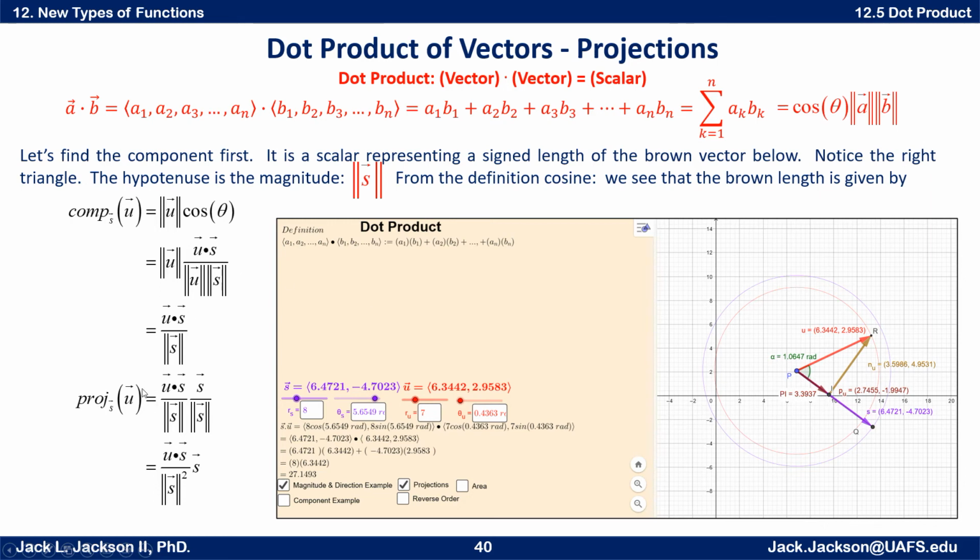See, the magnitude of the projection is the component. Then we want to just take that and multiply by a unit vector that's going in the same direction as s. Well, to do that, you just multiply by the vector s divided by its own norm. Okay, if we put these constants together, we get u dot s over the size of s squared.